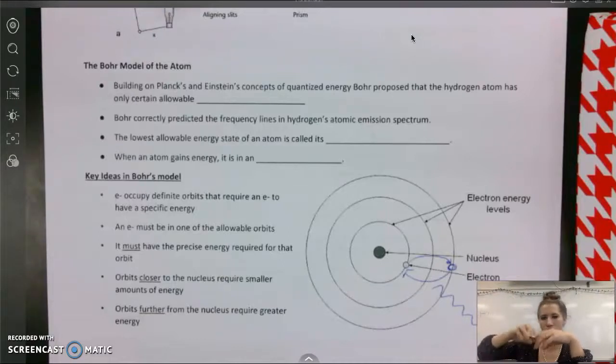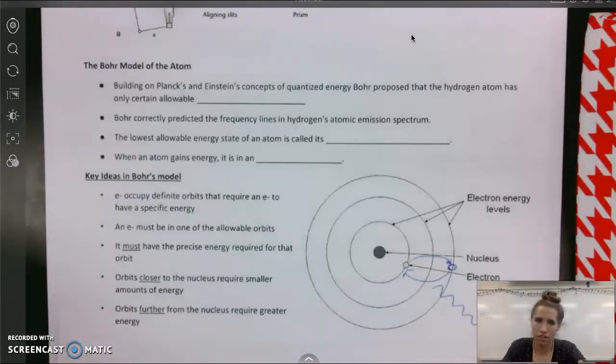So in order to get it to move to a higher energy level, we have to add energy. But we don't have to add energy to push them back together. They'll naturally want to be closer to one another because of that electrostatic attraction. Lower energy usually means stability. So if we can lower our energy, we can become more stable.